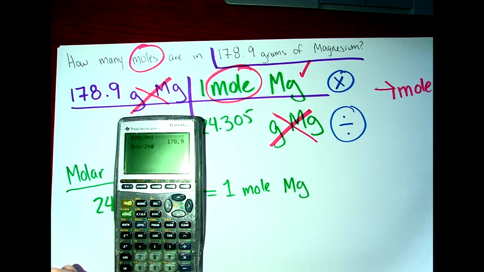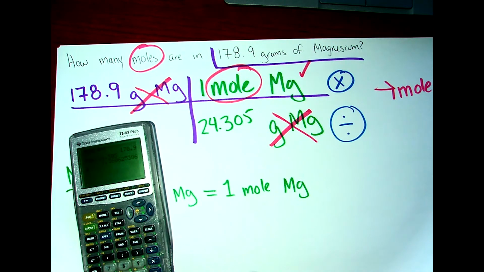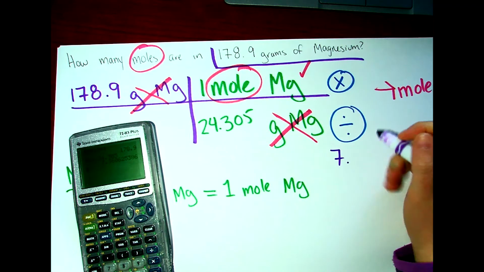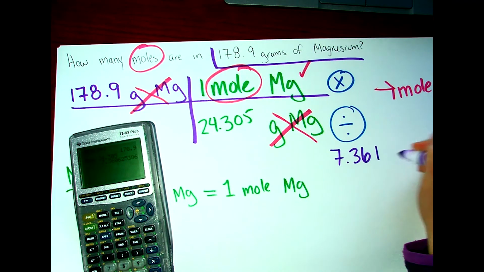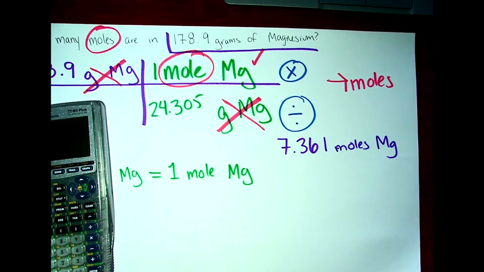But I will then divide by 24.305. And that gives me 7.361, and that's now expressed in moles. That's moles of magnesium.